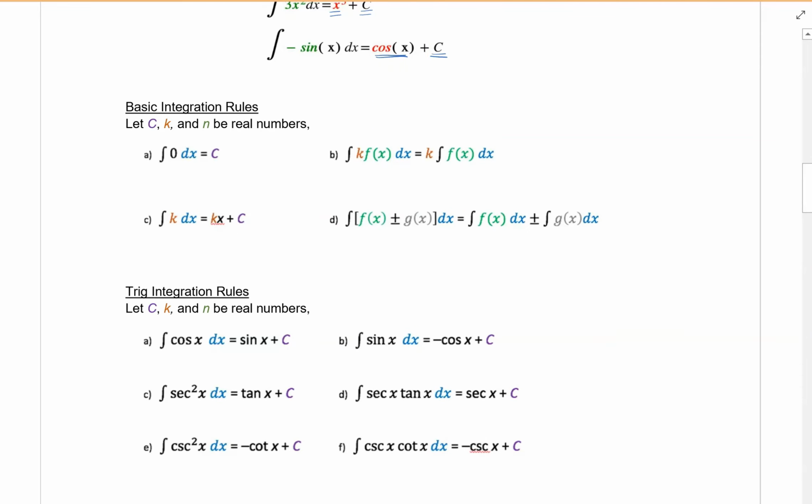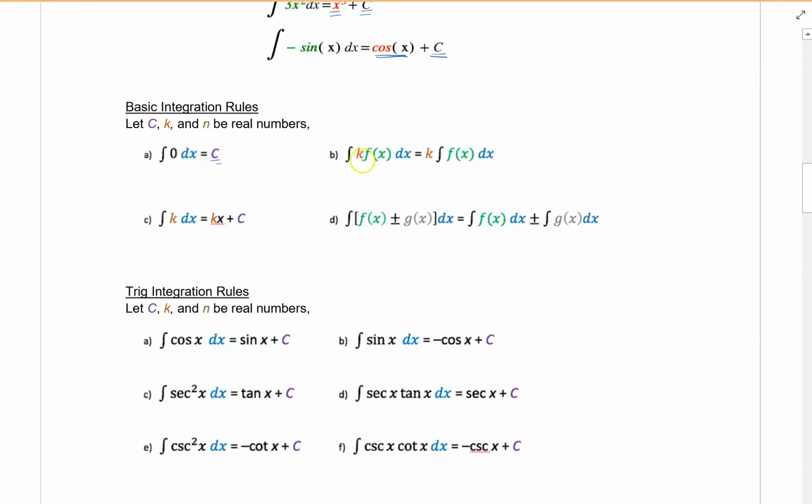Just like when we were taking derivatives, we had basic derivative rules. We also have basic integration rules, which is basically undoing those derivative rules. It's the opposite, basically. So since the derivative of a constant is 0, then the antiderivative of 0, or the integral of 0, is a constant. So we kind of start there.